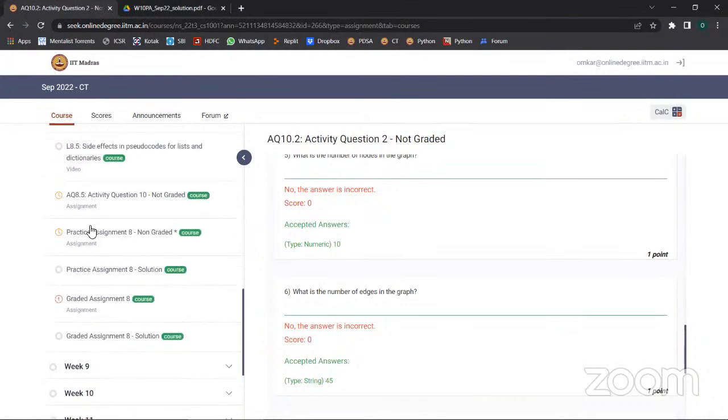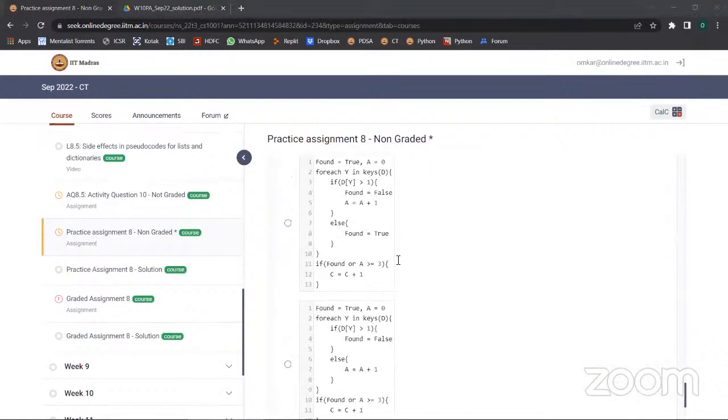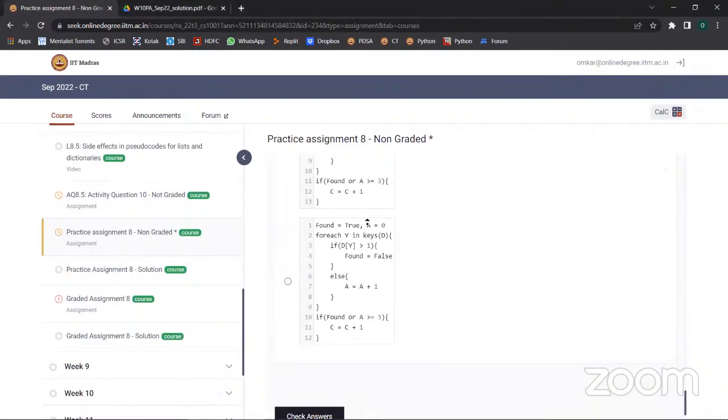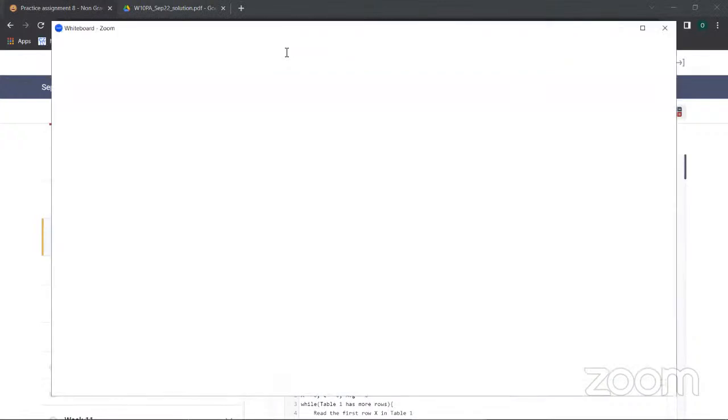Let me open some practice assignment. I'm hoping there might be some place where a graph is there. Anyways, let me draw a graph. I think I have explained it in one of my previous sessions, but anyways.